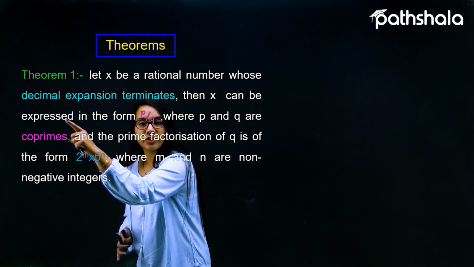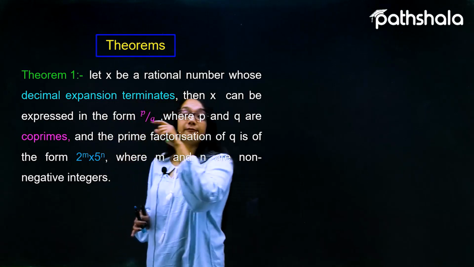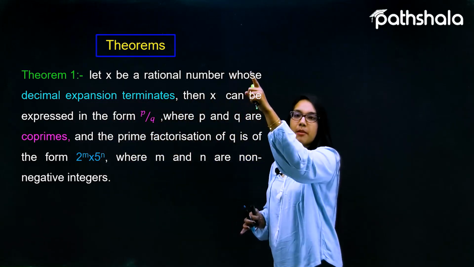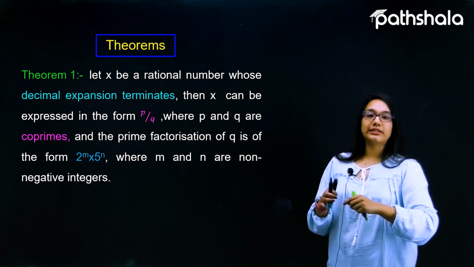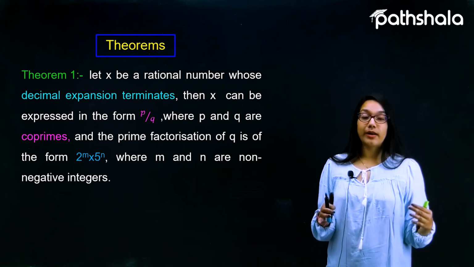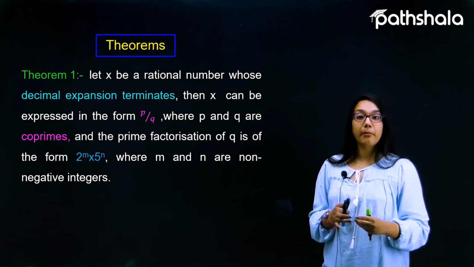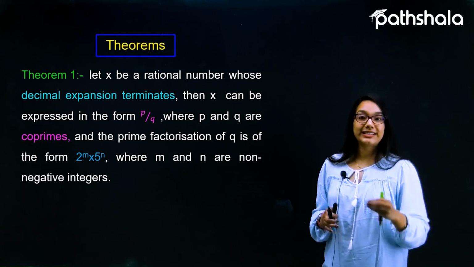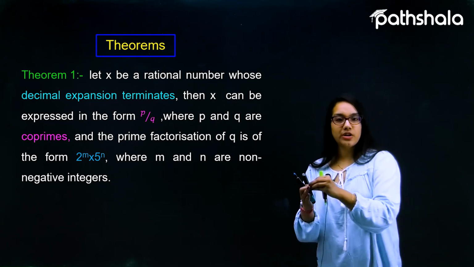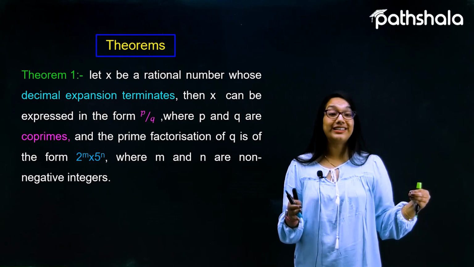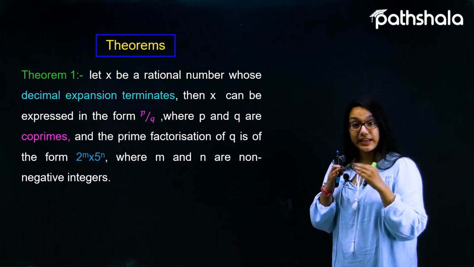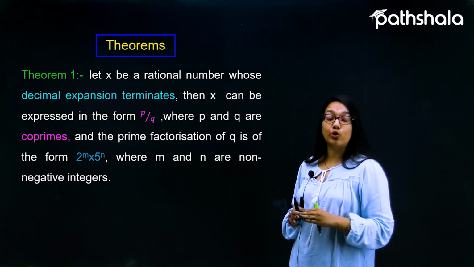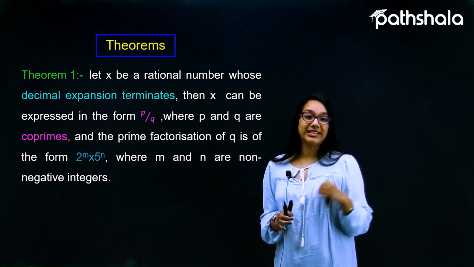If these two conditions are satisfied, then we can say the rational number is a terminating one, which means it has a decimal expansion that terminates.